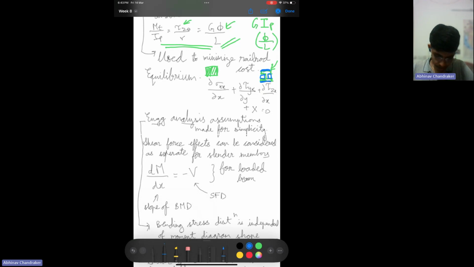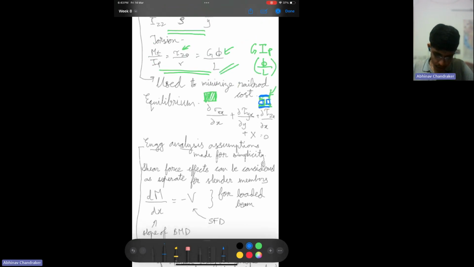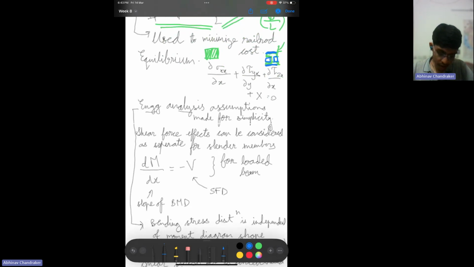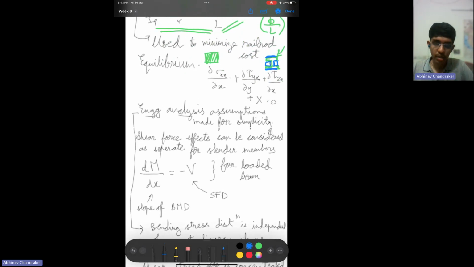Now let's move on. Also earlier we have seen that the condition for equilibrium based on elasticity theory is dou sigma x by dou x plus dou tau yx by dou y plus dou tau zx by dou z plus X, the body forces, is equal to 0.